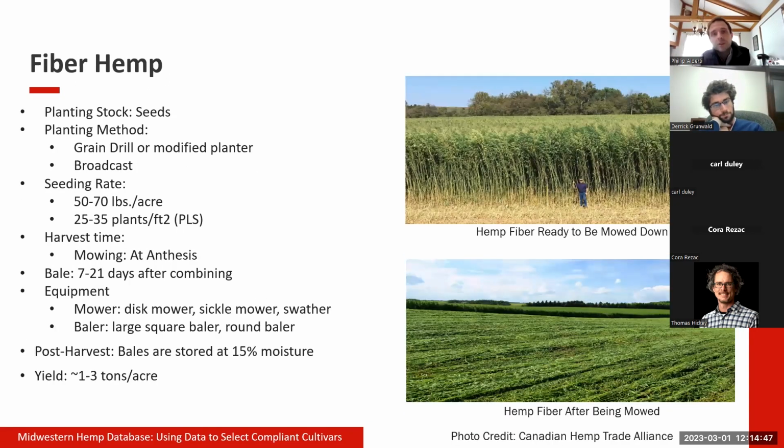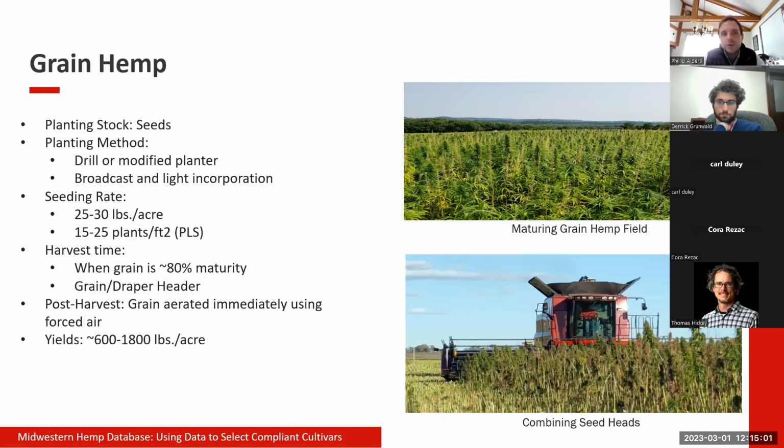Now, fiber hemp is very similar. The only differences I can really tell you about the establishment of fiber hemp involve, in some cases, the fertility, but mostly the seeding rate. So if grain hemp, and I'm going to go back to grain hemp, seeding rates are about 25 to 30 pounds per acre and about 15 to 25 plants per square foot, for pure live seed.